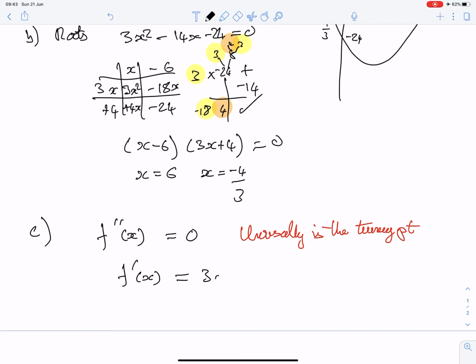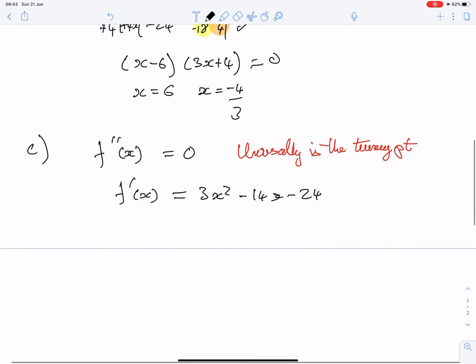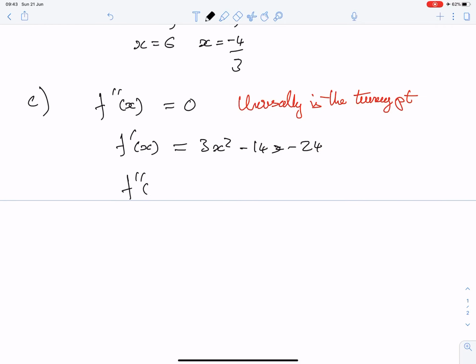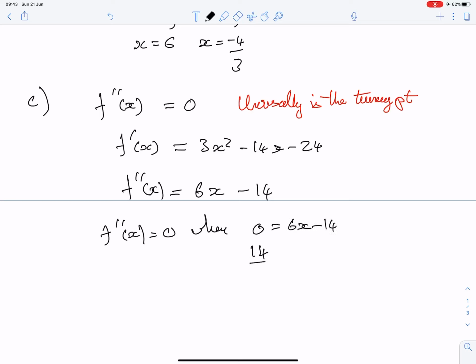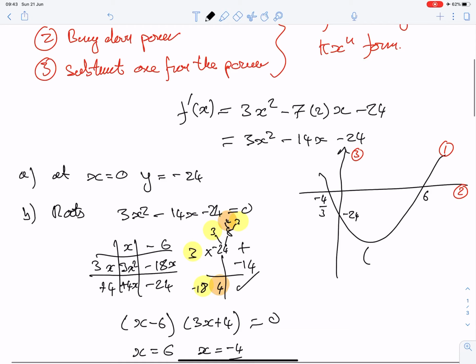That was 3x squared minus 14x minus 24. So f double dash of x equals 6x minus 14. So f double dash of x equals 0 when 0 equals 6x minus 14. So 14 over 6 equals x, which we will tend to write as 7 over 2. So this point here has an x value of 7 over 2.